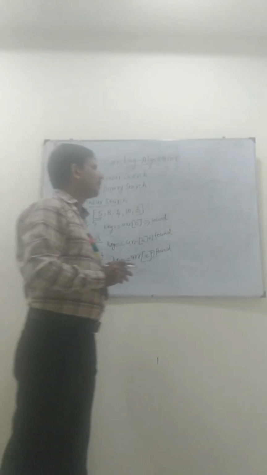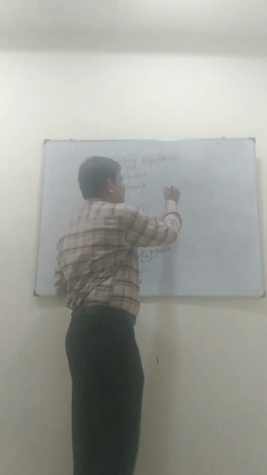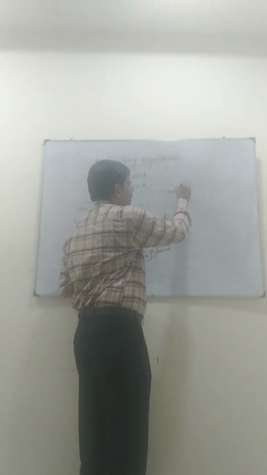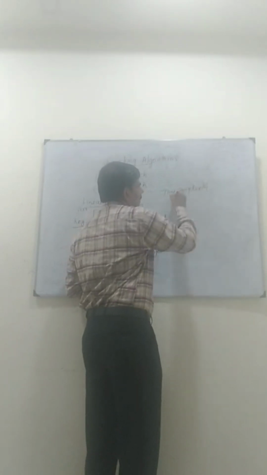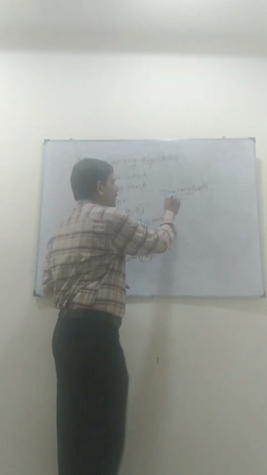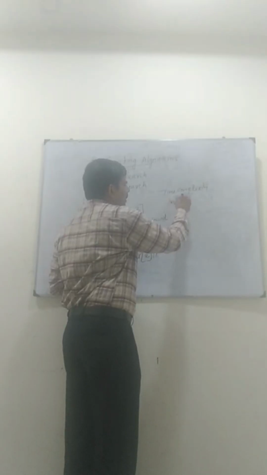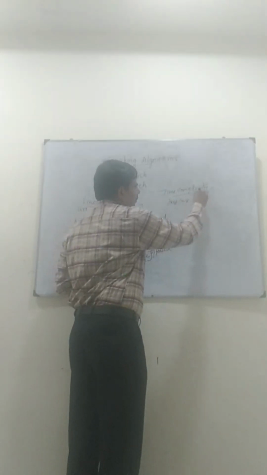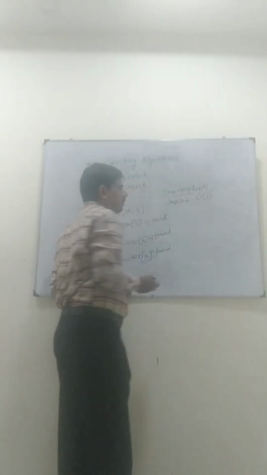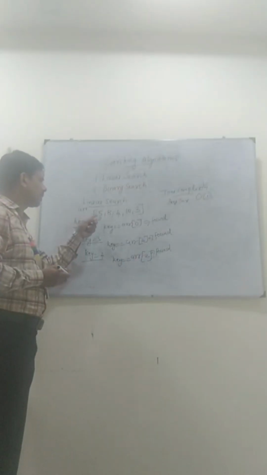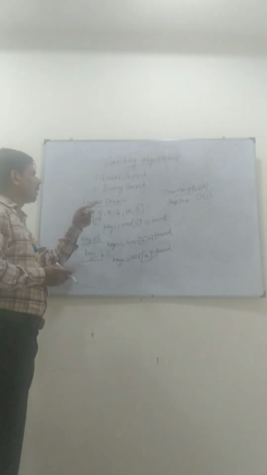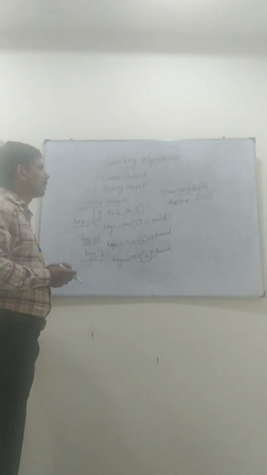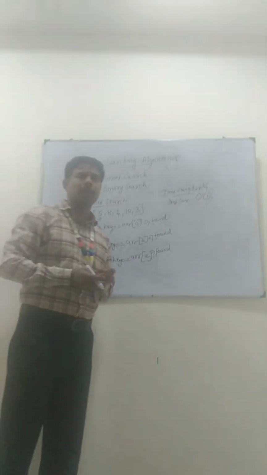Now the time complexity of this linear search algorithm. The best case complexity is big O of 1. Suppose the element is found at the first index; then the best case time complexity becomes big O of 1.